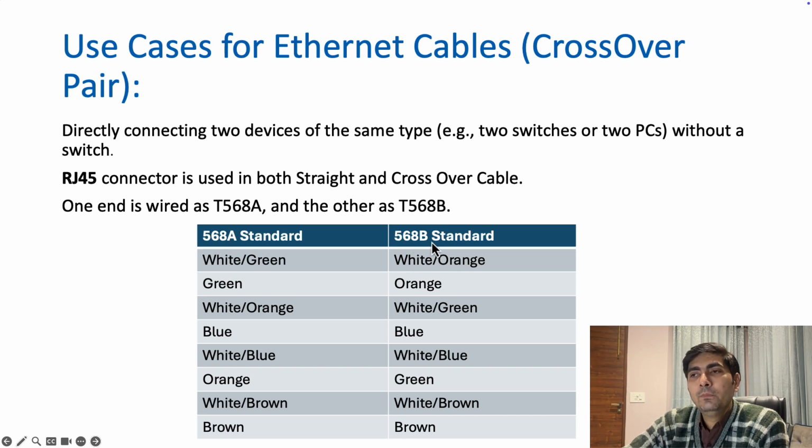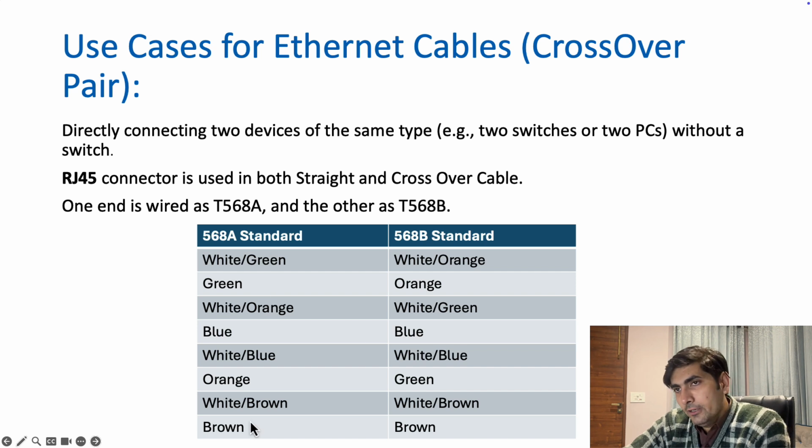And in 568B, the first one goes to the third position, and the second one goes to the sixth position, green, right? Otherwise the rest of these four cables are at the same place, like blue is at the fourth here, brown is at the eighth, and white/brown is at the seventh, right?